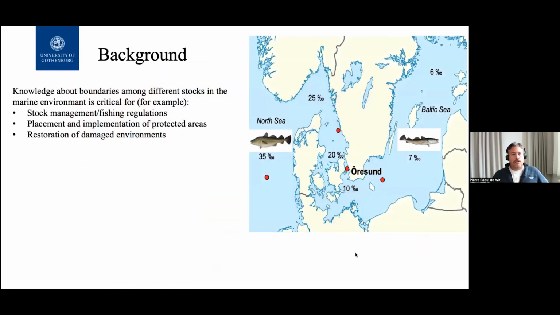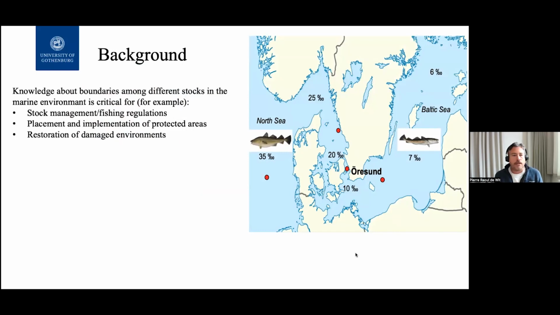So, knowledge about where you have boundaries between different stocks or different populations, I'm using these two words interchangeably, is really important in management. One really good example is the Atlantic cod, which is known to have two stocks, one in the North Sea and one in the Baltic Sea.